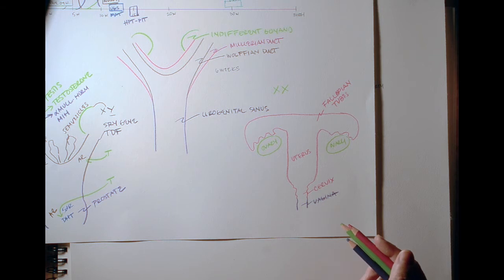So this, again, is sort of a default condition where in the absence of the Y chromosome, in the absence of testosterone, we have female genitalia. So another example of this is in the genetic male who happens to have an androgen receptor deficiency.